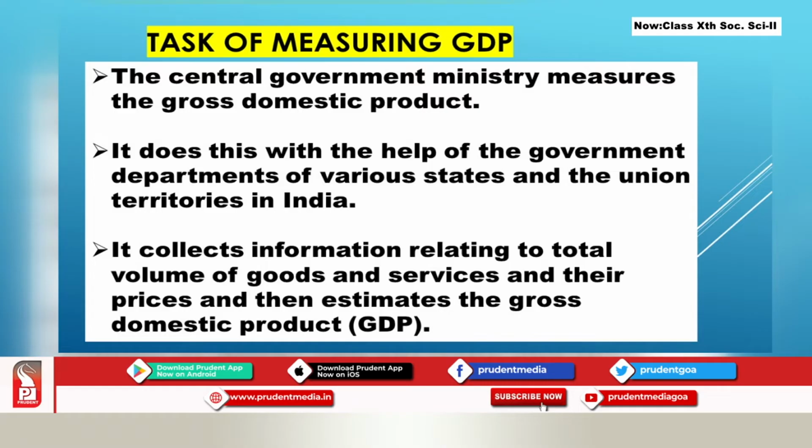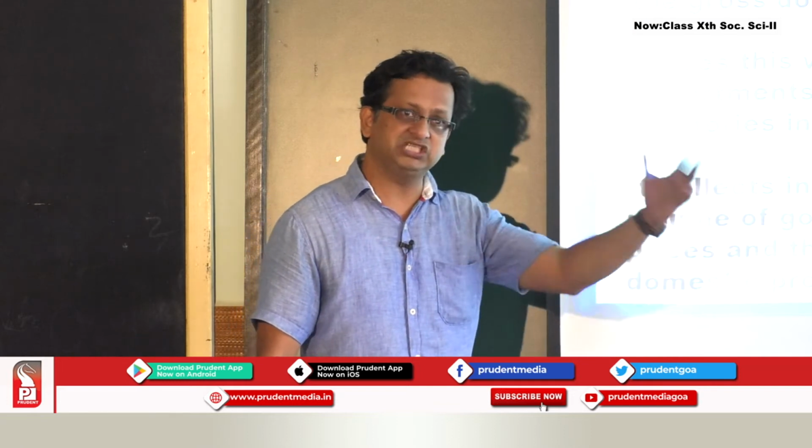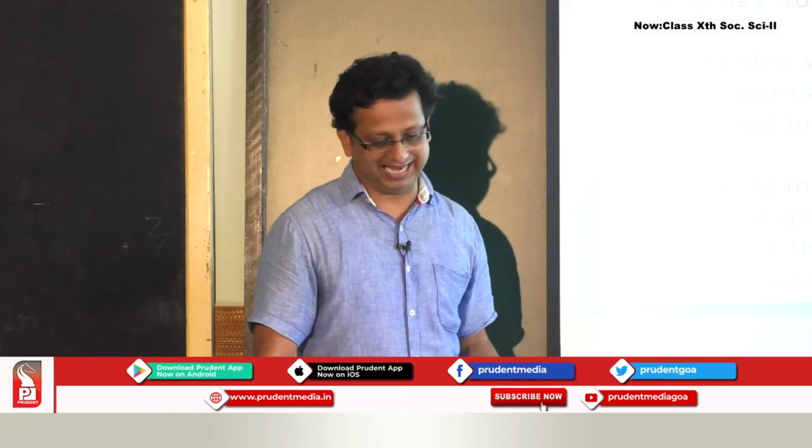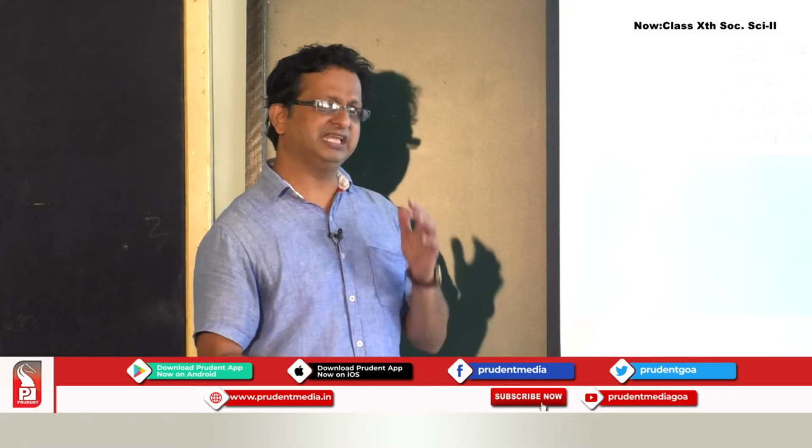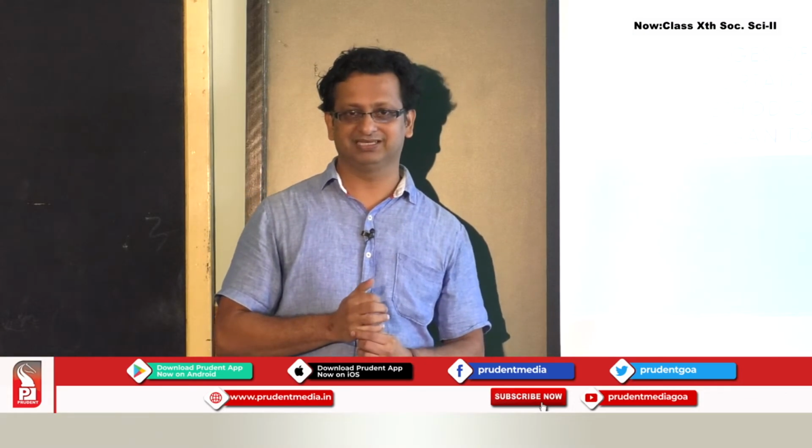They collect information which is related to the total volume of goods and services that are produced in each of these sectors, and then they find out their prices, and then they estimate the gross domestic product or what is called the GDP.